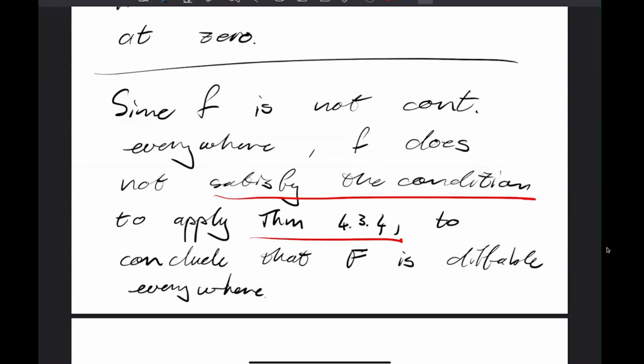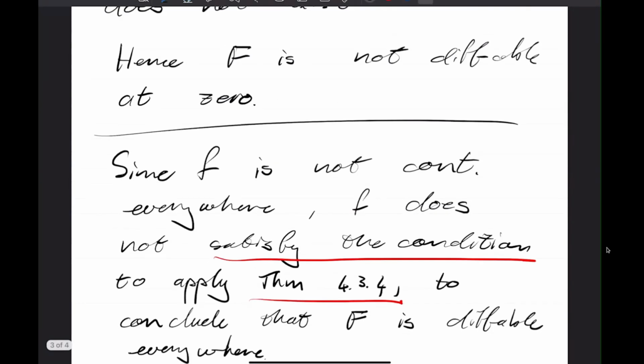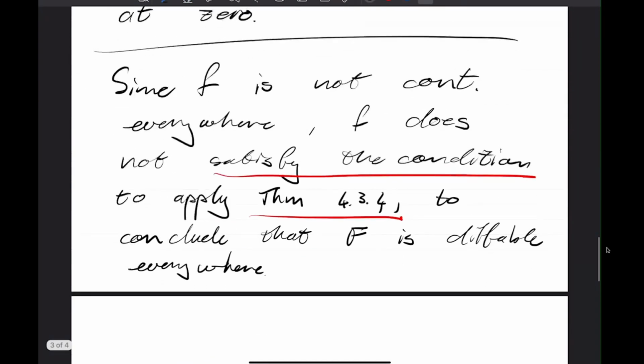So Theorem 4.3.4 says that if little f is continuous everywhere, then big F is differentiable everywhere. However, here we have a discontinuity in little f, so we cannot apply Theorem 4.3.4, and that is why this example does not contradict Theorem 4.3.4.